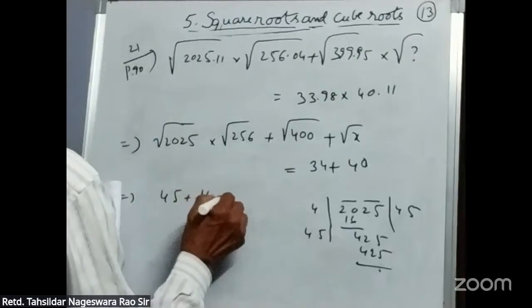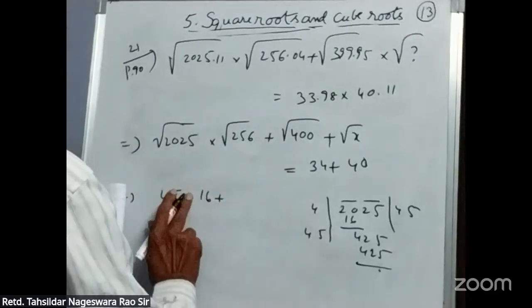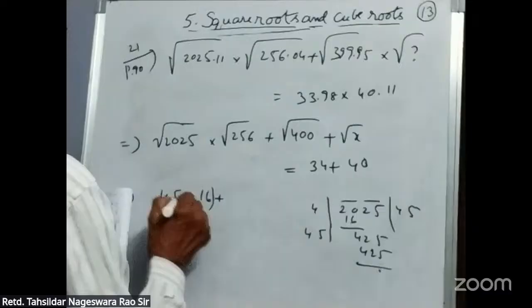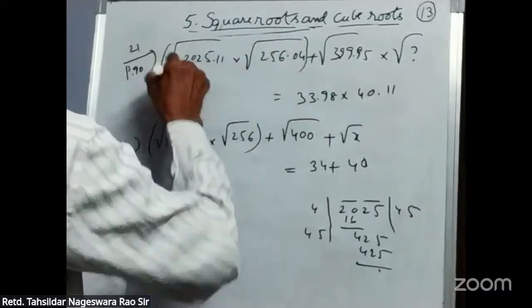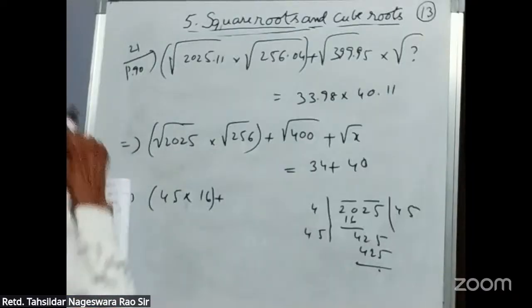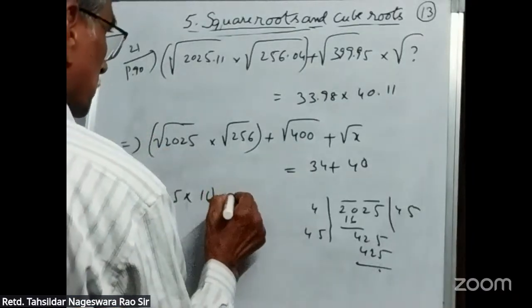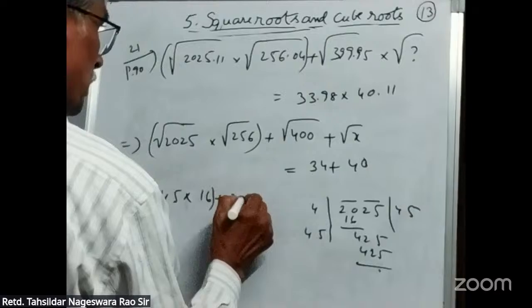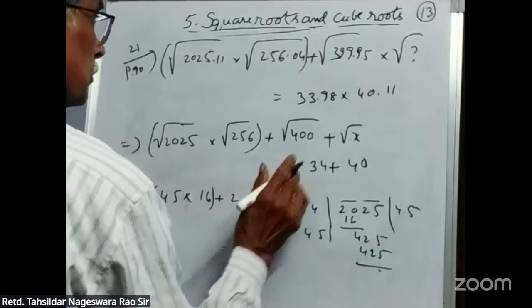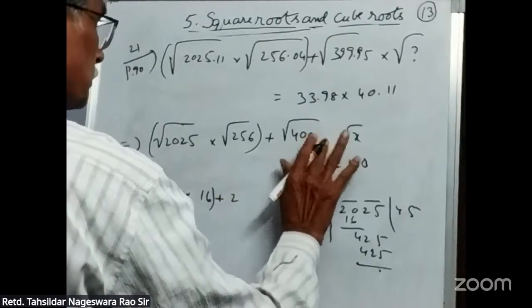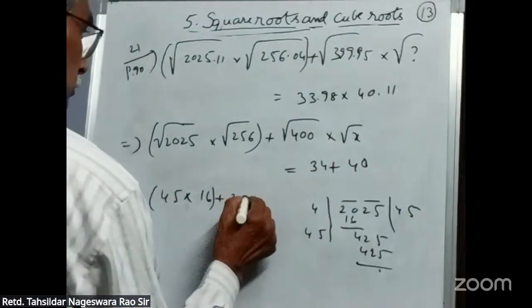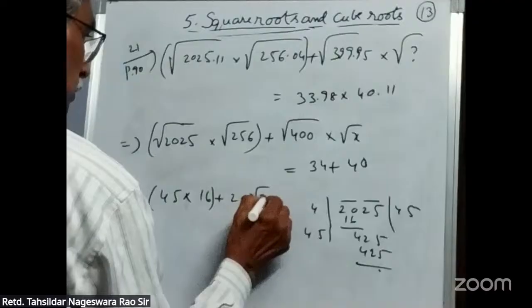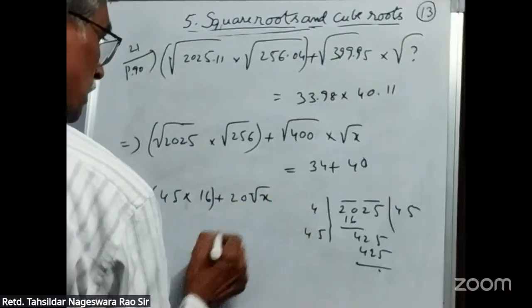This will be 16. Let us give brackets. 20 into root x, 20 root x. Into is not necessary.